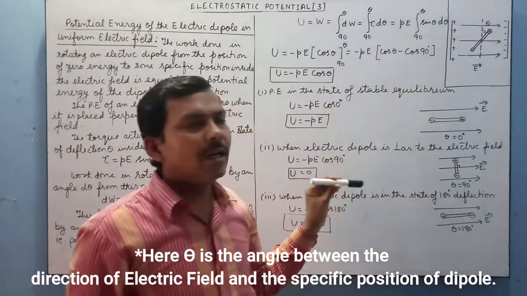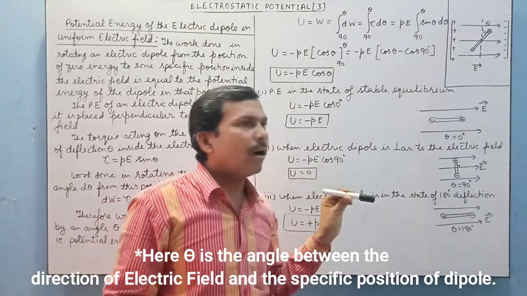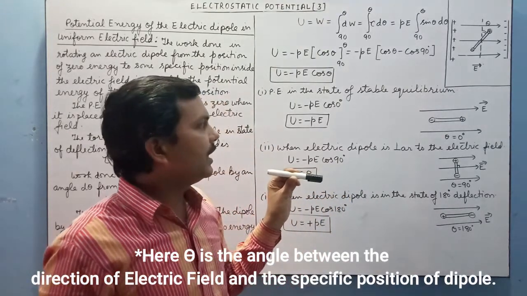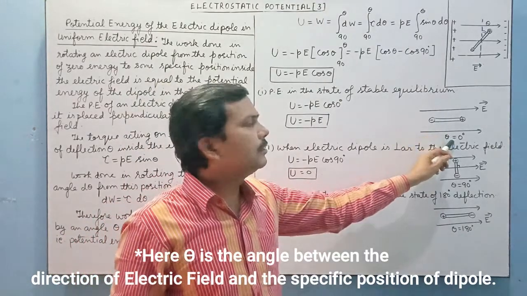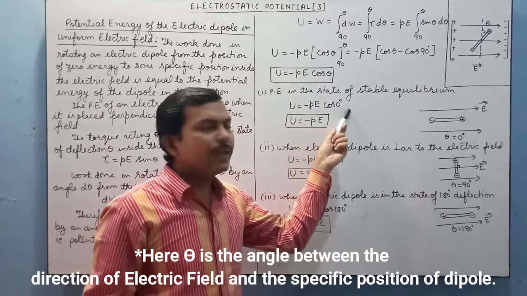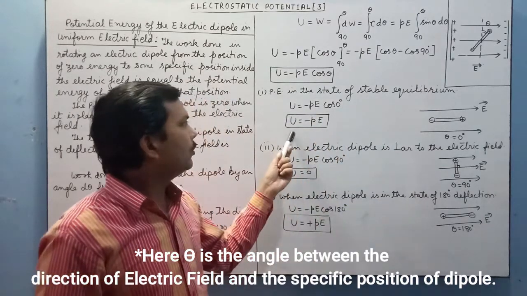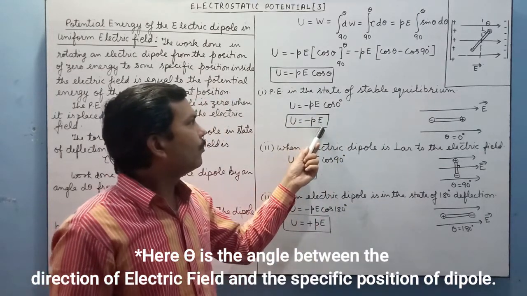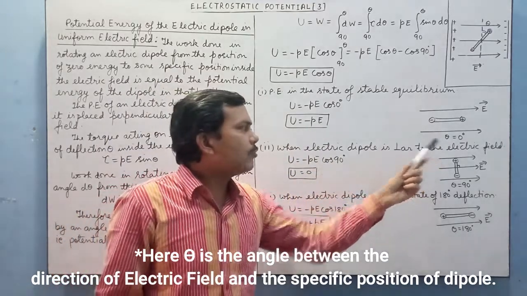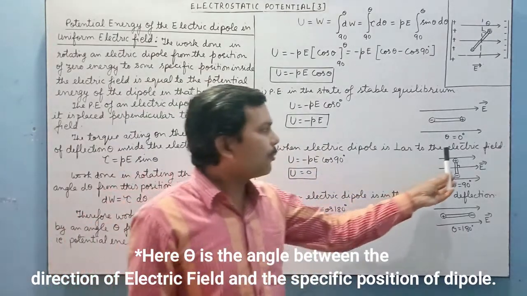This is the stable position, or stable equilibrium, of the dipole inside the electric field. In this condition theta is 0 degrees, so you will get U = minus Pe cos 0, so U = minus Pe.